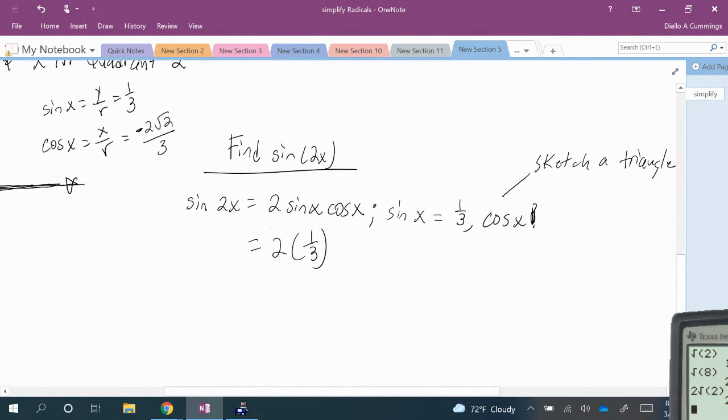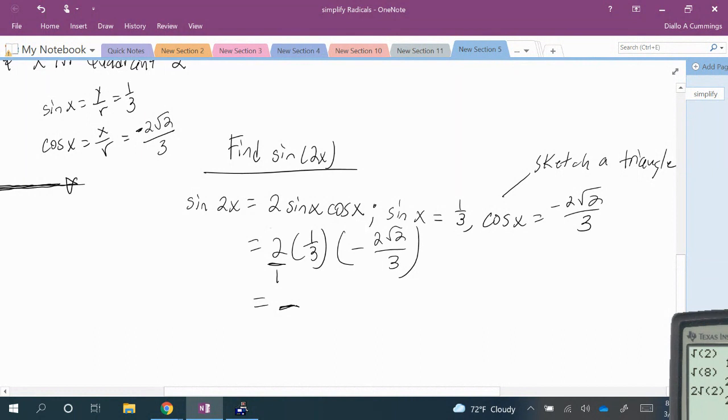So in this formula, we're going to substitute the cosine for negative 2 square root of 2 over 3. Now we're just going to multiply all this together. First, we determine the signs: a positive times a positive is a positive, and a positive times a negative is a negative.